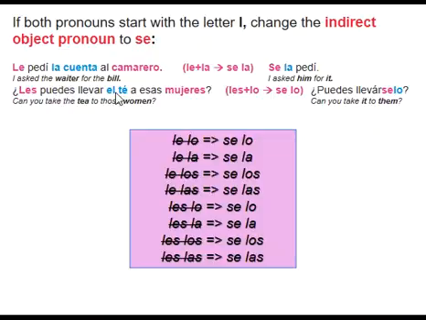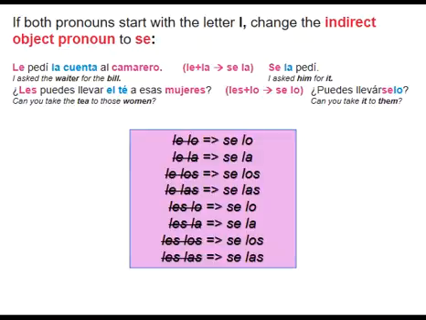¿Les puedes llevar el té a esas mujeres? We already know that the indirect object pronoun for mujeres is les because it's accompanying mujeres in this sentence. And el té is going to be substituted for lo, right? So, les lo, it doesn't sound right.